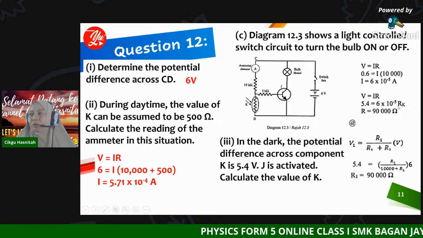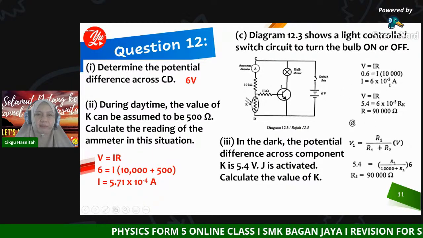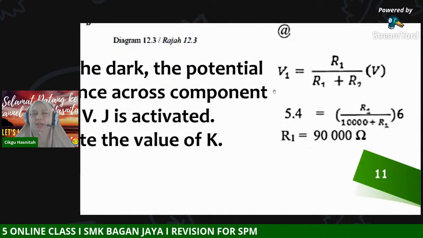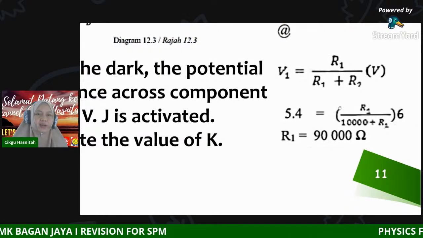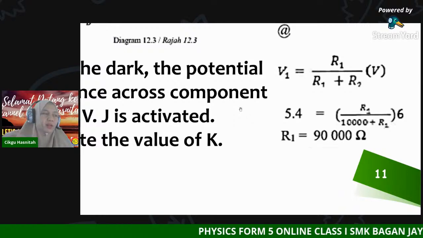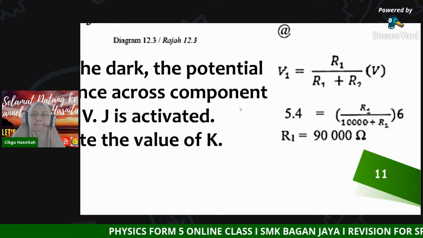Or if you don't want to use this equation, as I mentioned just now, you have another option. You can use the equation for the potential divider. You can refer to this equation in our electronic module.